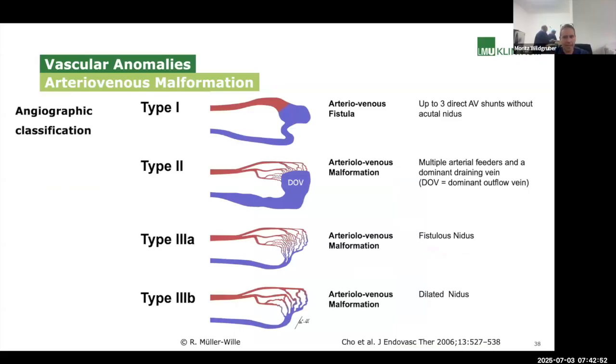As I said, it's really important that at the end of the day, this part, where the artery is abnormal and where the vein is abnormal, is excluded. If you leave something open, there is a high risk of recurrence. For example, if you have a type 3 lesion, it will be very hard to reach it via the transvenous way because the veins will get very small and your catheter will not go all the way to the lesion.